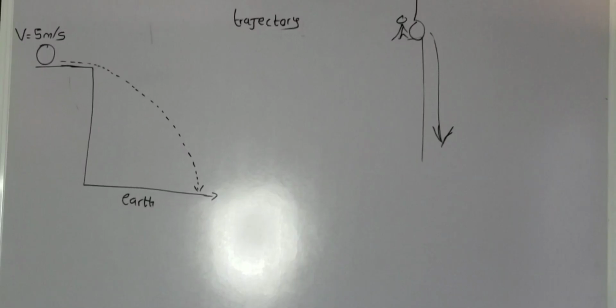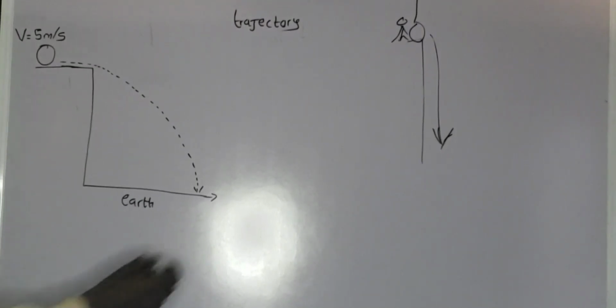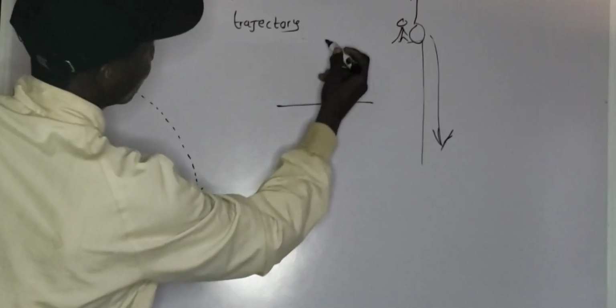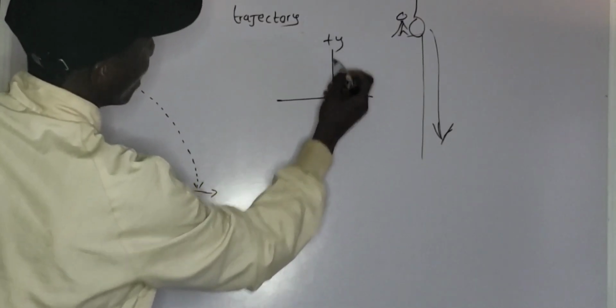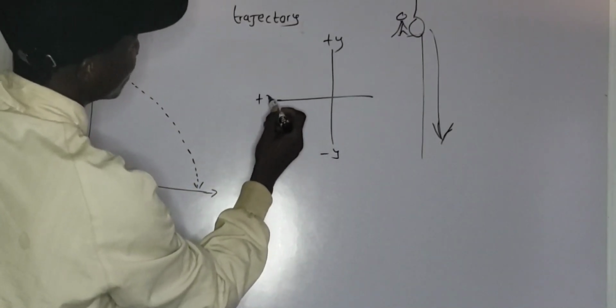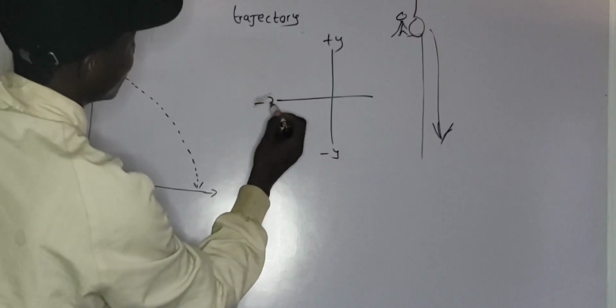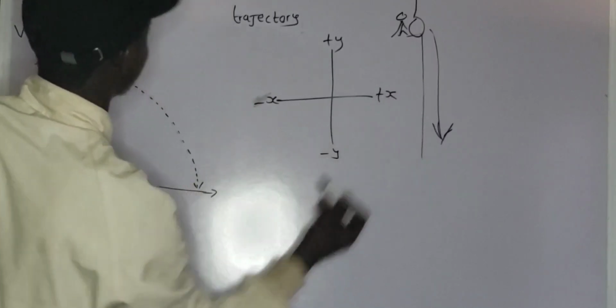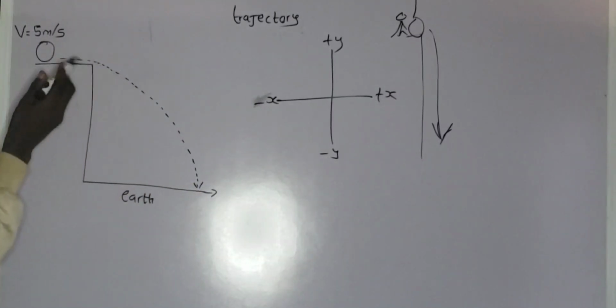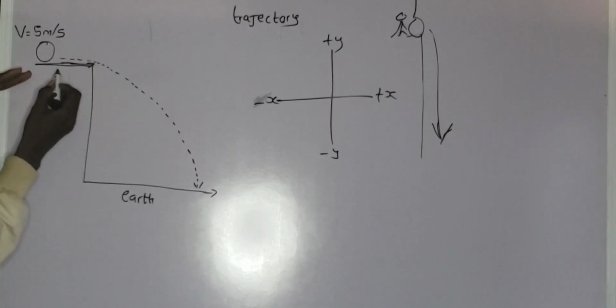Now, let us determine the velocity of the ball along the horizontal axis and along the vertical axis. Don't forget, from our cardinal points, this is positive y, positive x, negative x. So now, the ball moves towards this point, along the x-axis.